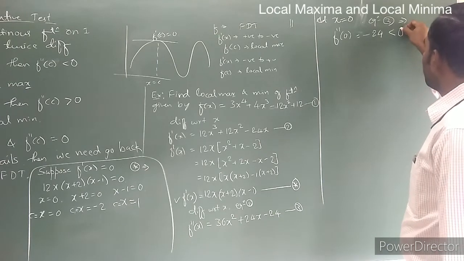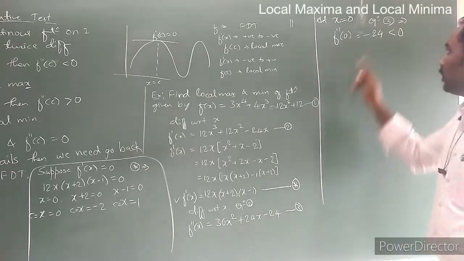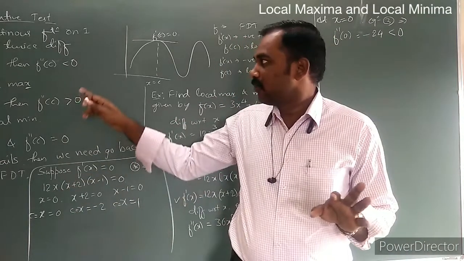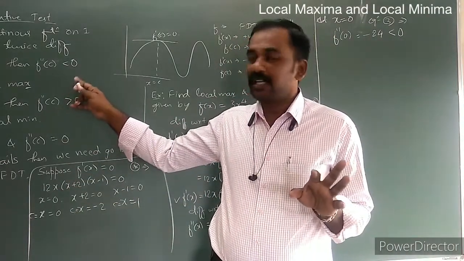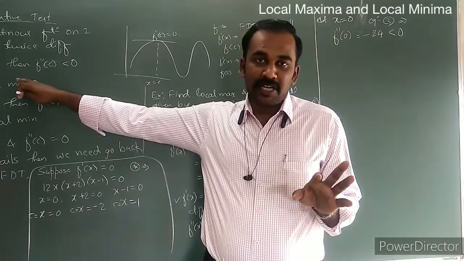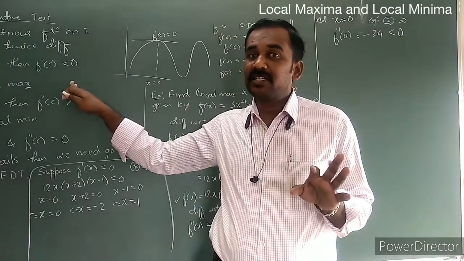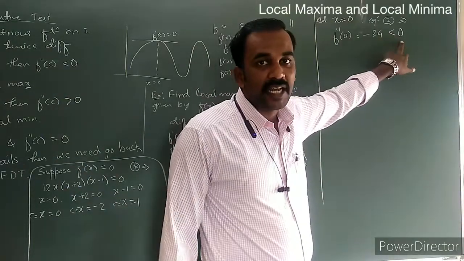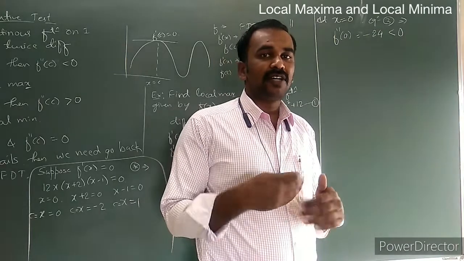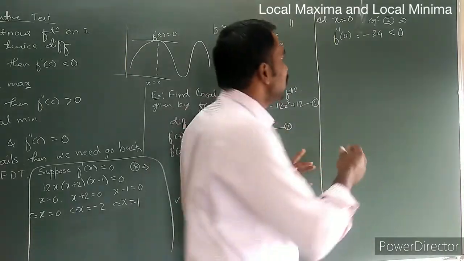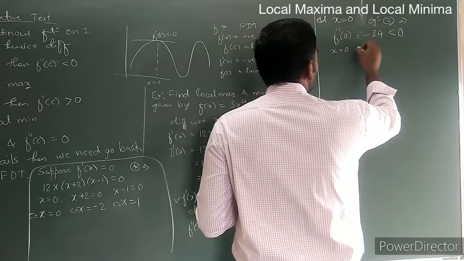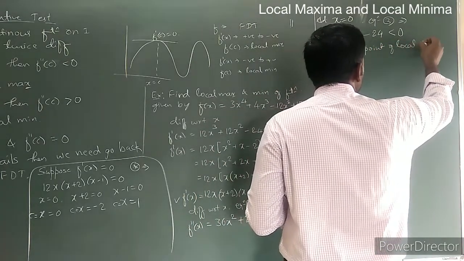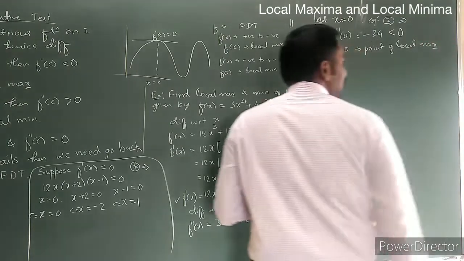That means the second derivative at the critical point is negative, less than 0. According to the second derivative test, f dash of c is 0 and f double dash of c is negative. In that case, is it a local maxima or local minima? It is a local maxima. Therefore, x is equal to 0 is the point of local maximum.